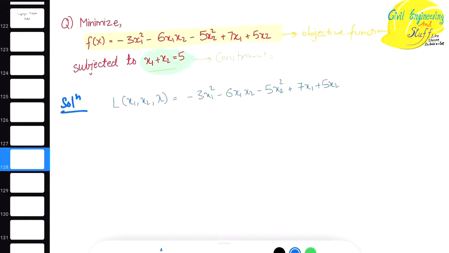So we will have plus lambda times (x1 plus x2 minus 5).